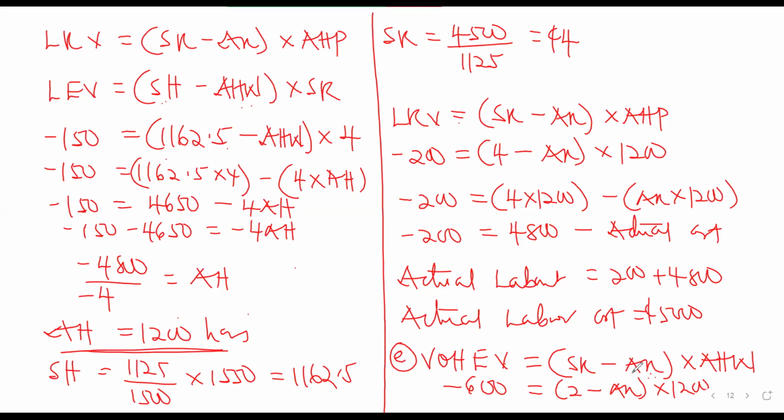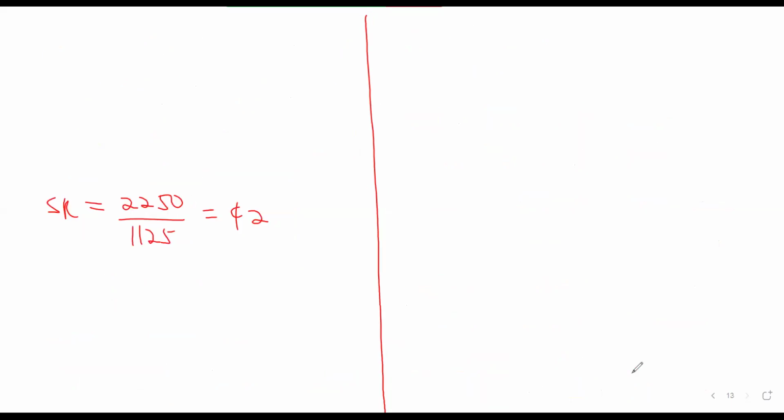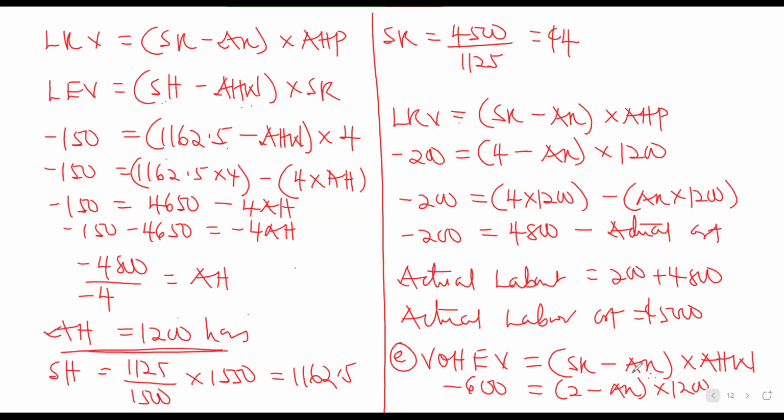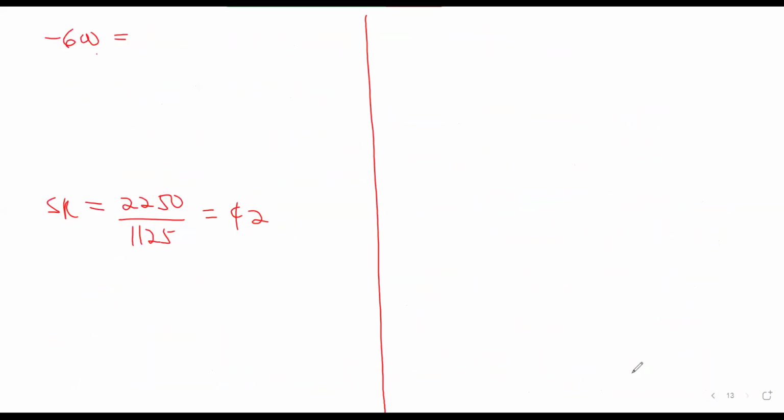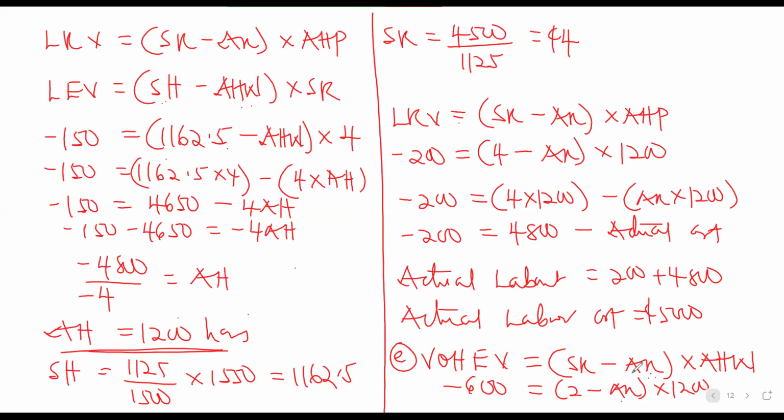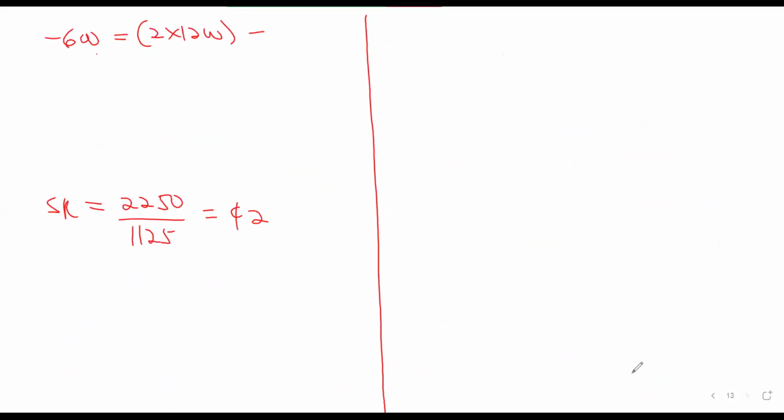So let's come here. I have negative 600 is equal to 2 multiplied by 1,200 minus the actual cost, because the actual rate multiplied by the actual hours gives us the actual cost. So I have negative 600 is equal to 2,400 minus the actual cost.